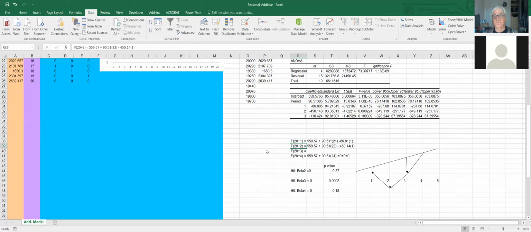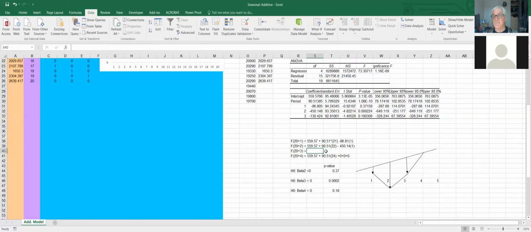Time 22. Same thing, see? 559, 90.51 times 22 now, and the adjustment here is much larger and negative. So season number 2 resides below the linear trend line, 450 units below on the average.